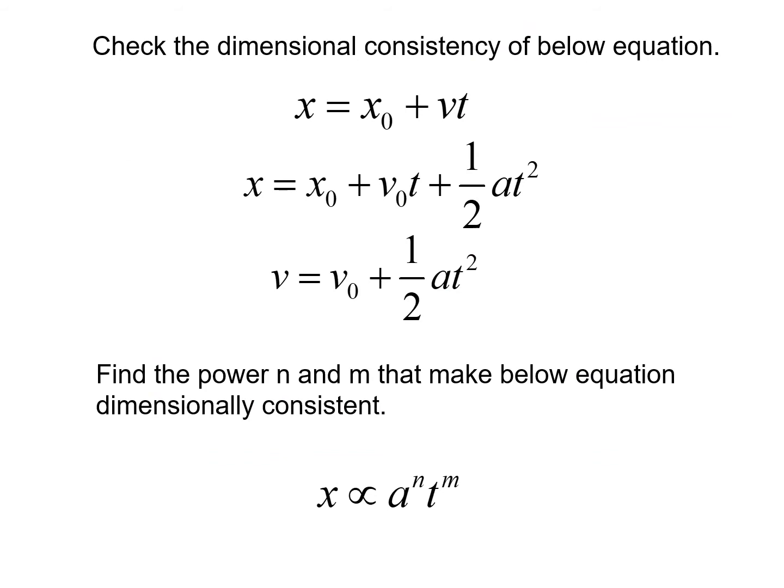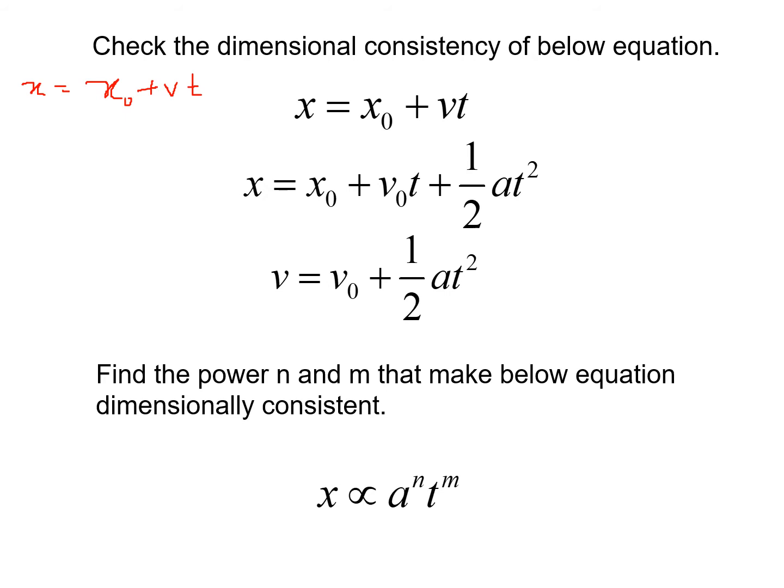These are the equations that we can also check to see whether they are dimensionally consistent or inconsistent. For example, we have x equals x naught plus vt, and we know that x is the distance or maybe the displacement, so x is considered as length. And how about x naught? It is the initial displacement. How about v? v is the speed. And of course t. So x equals x naught plus vt.